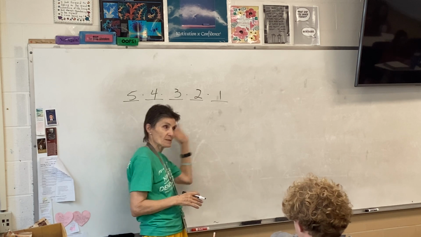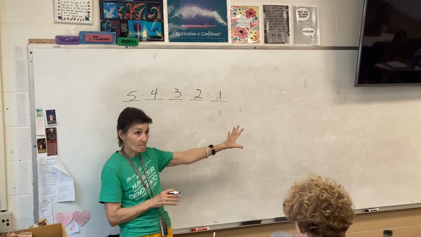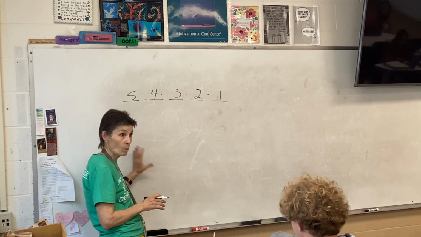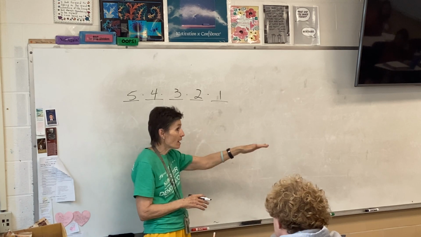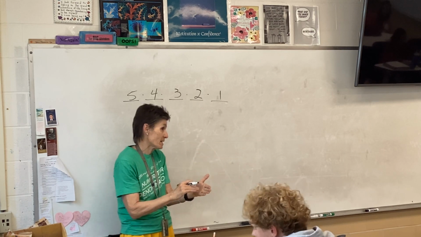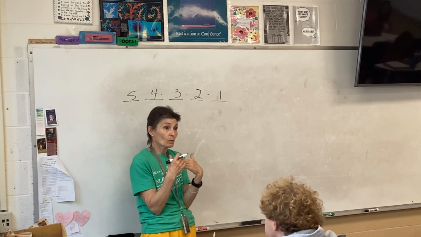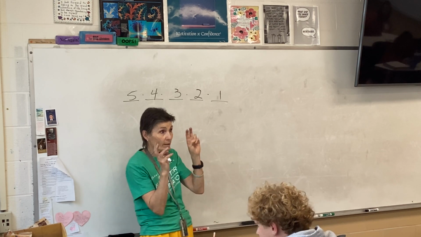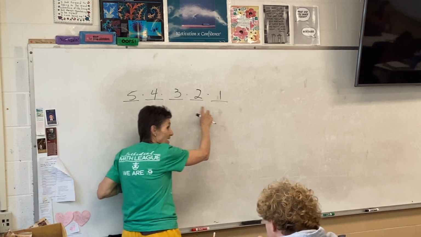Now, when this becomes a bigger deal is, suppose I had 20 books to put on the shelf. The setup is going to be the same, except there's going to be 20 blanks, and it's going to be 20, 19, 18, and so on. Now, I can still type that in on my calculator, but that's going to take a while because there's a lot of numbers. So luckily, we have a shorthand way of describing this idea.